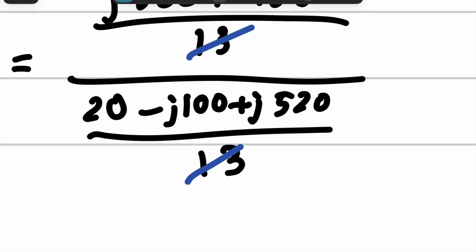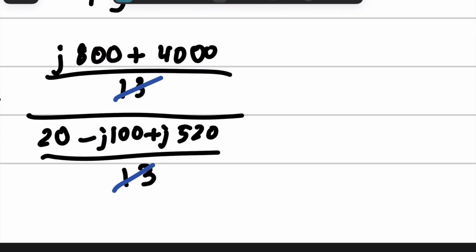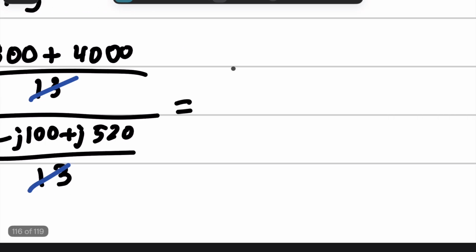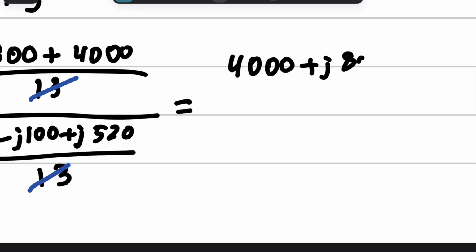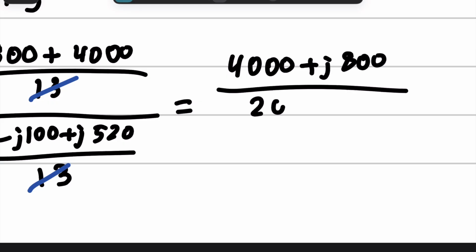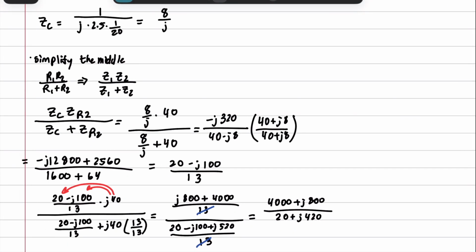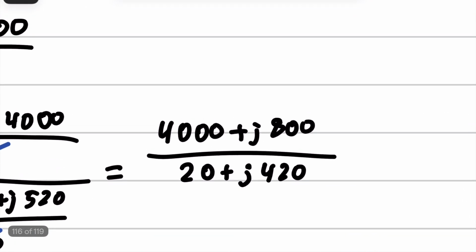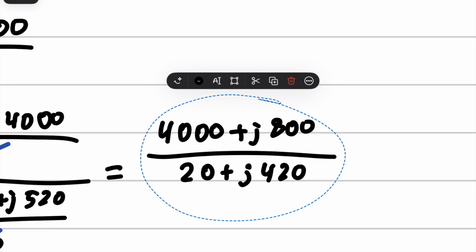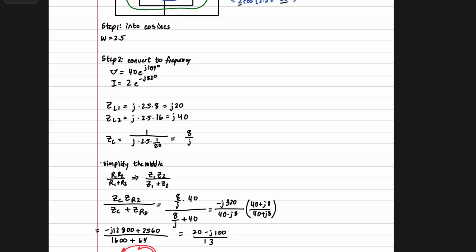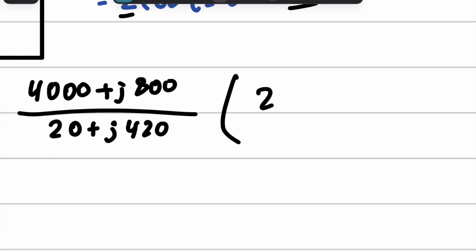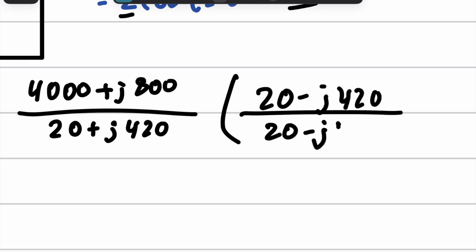The 13s cancel out, and we are left with 4,000 plus J800 over 20 plus J420. Now, once again, we're going to take the complex conjugate of this, the complex conjugate being 20 minus J420 over 20 minus J420.